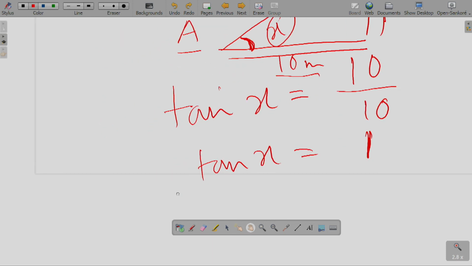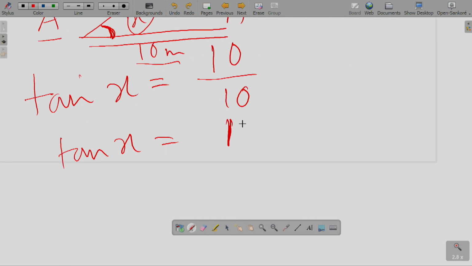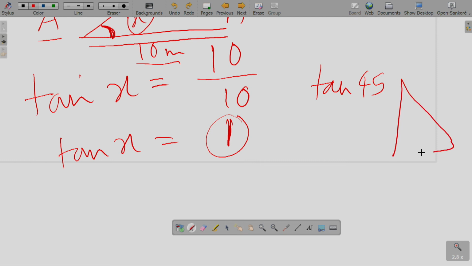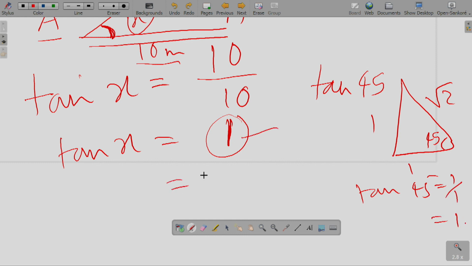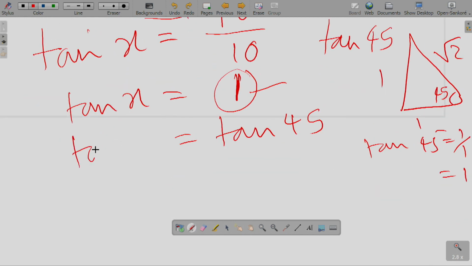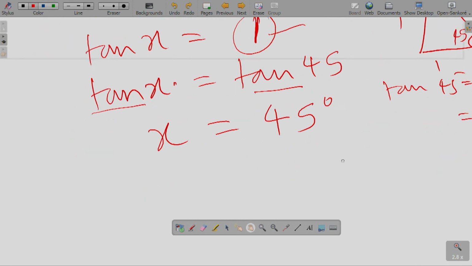Here we have tan, so we have to find the value of tan inverse of 1, which is equal to tan of 45. We find that tan of 45 is equal to 1 over 1, which is equal to 1. So here, instead of writing 1, we can write tan of 45. And here we have tan x. So we have tan and tan, so x is equal to 45 degrees.